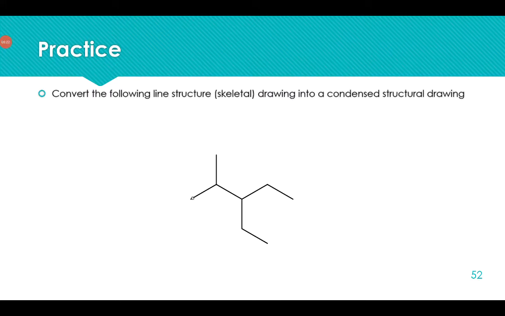Okay, so I see this coming off, and then I'm going to treat that as a branch and that as a branch. So I see 1 carbon, CH3. Second carbon, C has 1, 2, 3 bonds, so it must have only 1 hydrogen. It has a CH3 branched off of it.